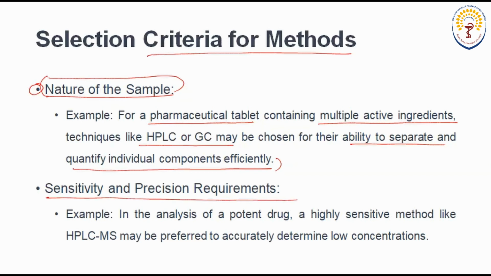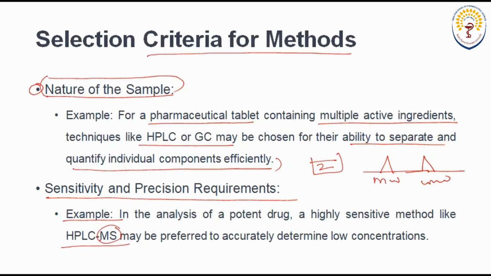The second thing is sensitivity and precision requirement. Say we want a very highly sensitive instrument and we want additional information. For example, there are two components in a sample. We not only want to separate them but we also want to identify them through their molecular weight. Then we are using HPLC-MS, high performance liquid chromatography combined with mass spectrometry.